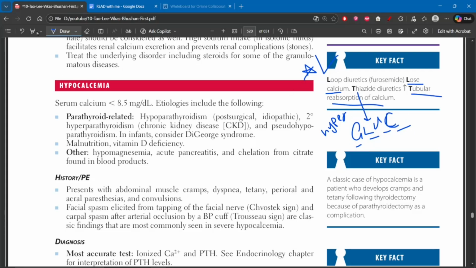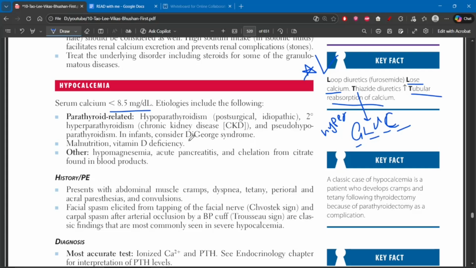Okay, so continuing on with hypocalcemia. Hypocalcemia is basically serum calcium less than 8.5. The etiologies include the following: parathyroid related are hypoparathyroidism, post-surgical or idiopathic, secondary hyperparathyroidism, CKD, and pseudohypoparathyroidism.